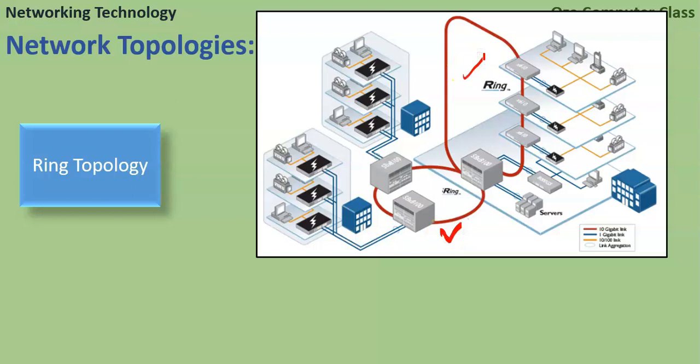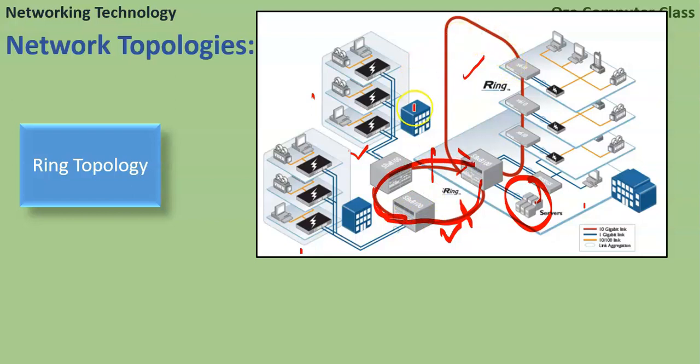A reason for this is that these three buildings are separate, so I need a ring between these three. If anything goes wrong, suppose the servers are located in this place, and there is a cable cut here, users from this building will send the data through this path. These users, if there is a cable cut here, can send the data through this path, right? So in any case, they have a redundant path available.